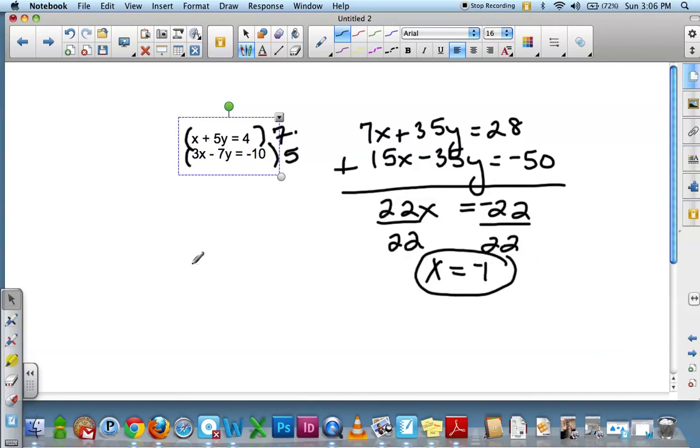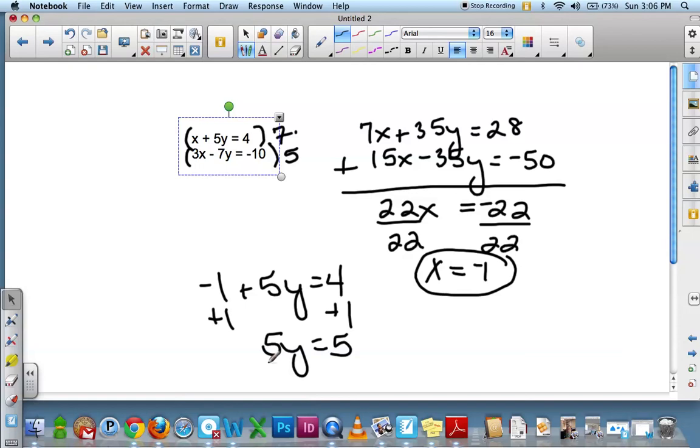I'm going to plug my negative 1 in for my x and then solve for y. I feel like I've already done this problem before, and I probably have, in the many times that I've done this. So I'm solving for y, so I got 5y equals 5. Divide by 5 on each side. So in this case I got y equals 1. So you've got negative 1, comma 1.